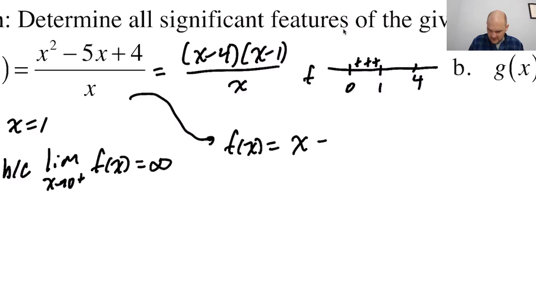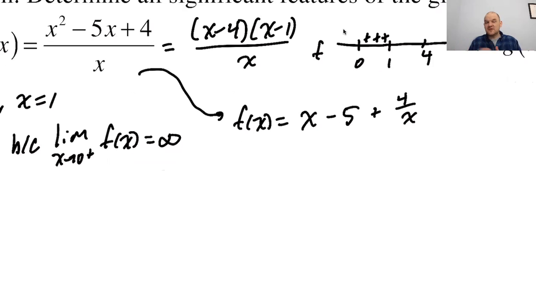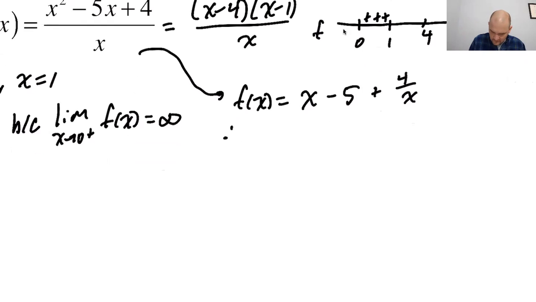Negative 5x over x is just negative 5, and then plus 4 over x. So that's actually the division. Then for the slant asymptote, I want to disregard the remainder, which is 4 over x, and just take the quotient, which is x minus 5. Therefore, slant asymptote at y equals x minus 5.